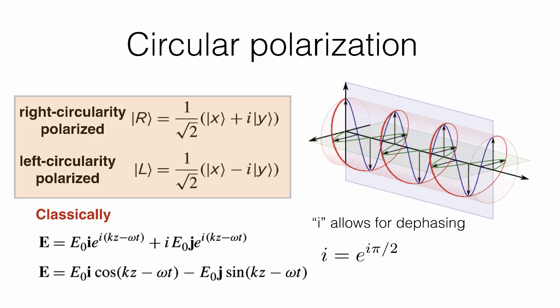And these are obtained from the wave along the x direction plus the wave along the y direction, which has been shifted by pi over 2. As you remember, pi over 2, if you use the complex exponential, corresponds to the number i. And if you have a left polarization, it corresponds to minus i.